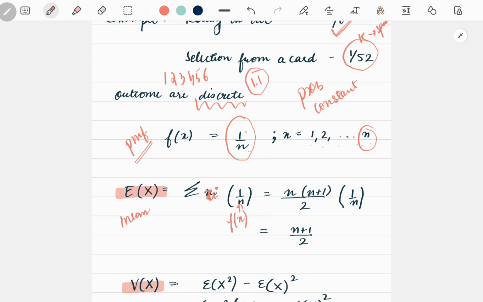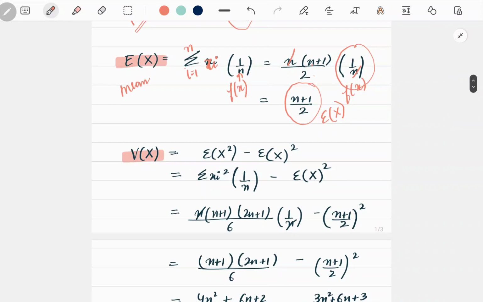If I take 1 upon n out of the summation, then we know that the summation of xi, where i goes from 1 to n, is n into n plus 1 by 2. This is a normal arithmetic progression. So we get n into n plus 1 by 2 into 1 upon n, which is our f of x. On solving, n and n get cancelled out and we get n plus 1 by 2 as the expectation of x.